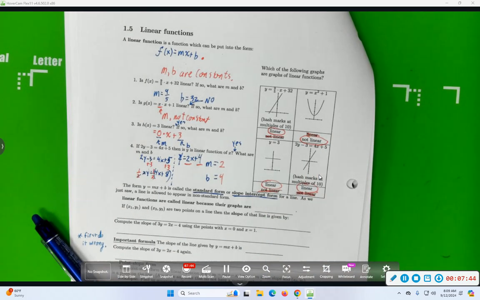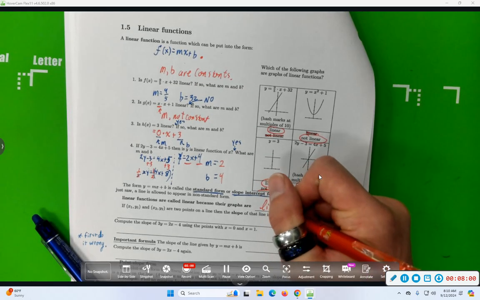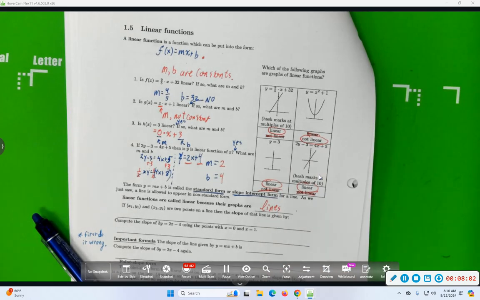So just by looking at those, what's common to the graphs of linear functions? Yeah, their graphs are straight lines. Maybe they have some slope. Maybe their slope is 0. Linear functions are just called linear because their graphs are lines.